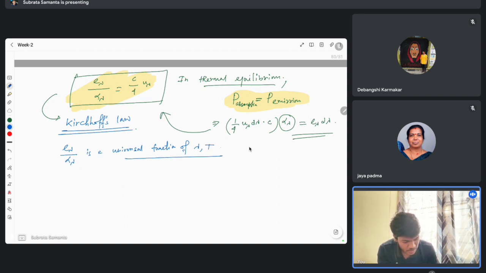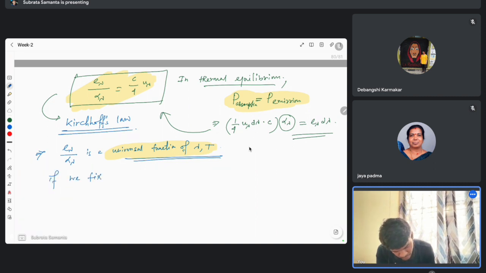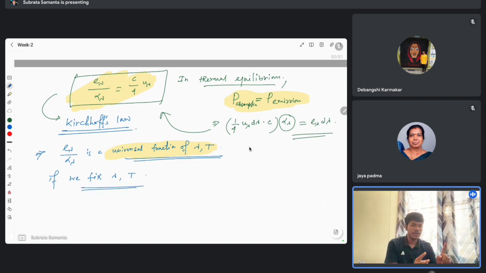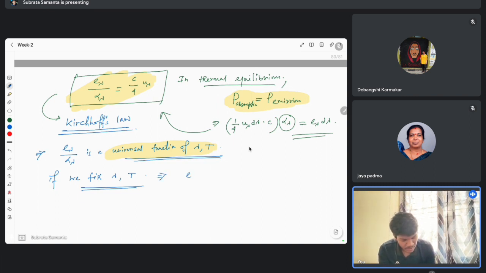So if we fix lambda and T, let's say a particular range lambda to lambda plus d lambda, and we fix the temperature of the cavity, then E lambda is proportional to alpha lambda.